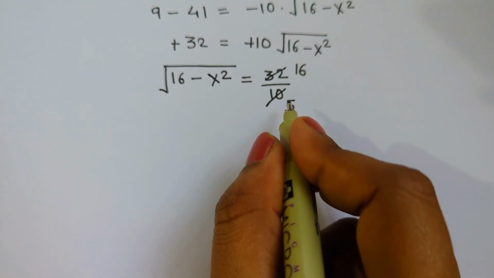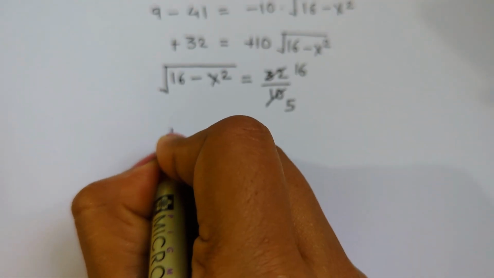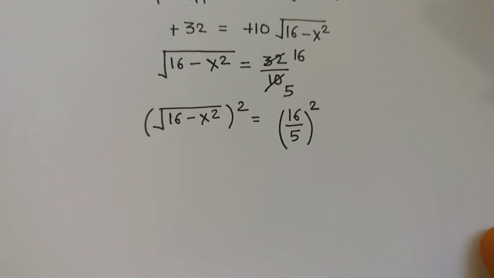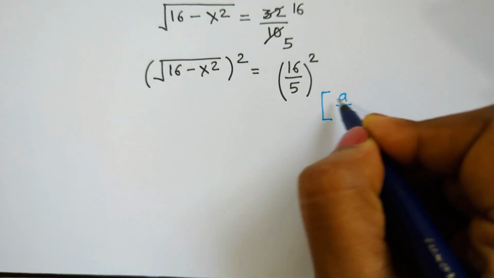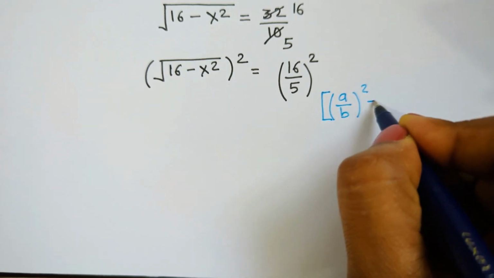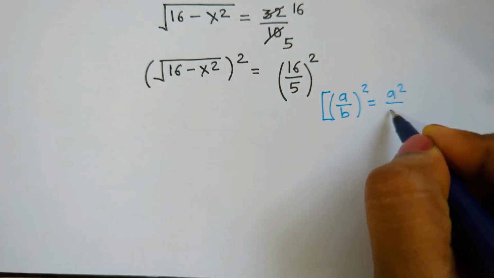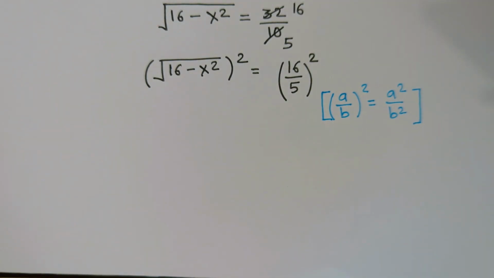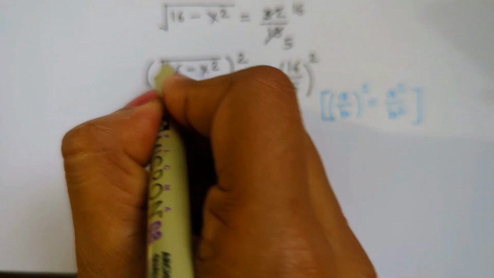Let's square both the sides. Now we know a formula, (a divided by b) whole square is equal to a square divided by b square.